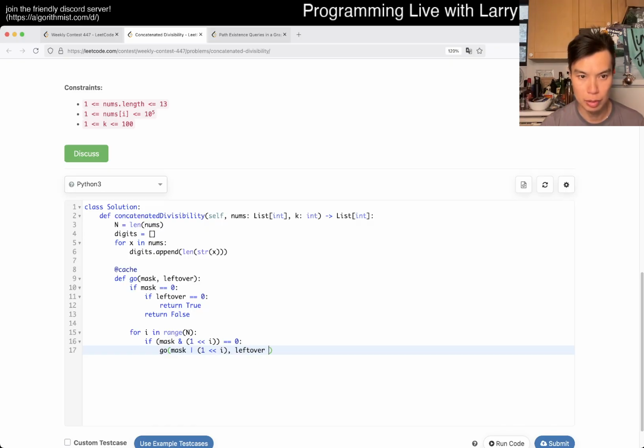Leftover times digits sub i. Oh, it's 10 times digits sub i, so this should be this. Okay, it's not quite, the naming is off, but that's fine. Plus num sub i mod k, right?